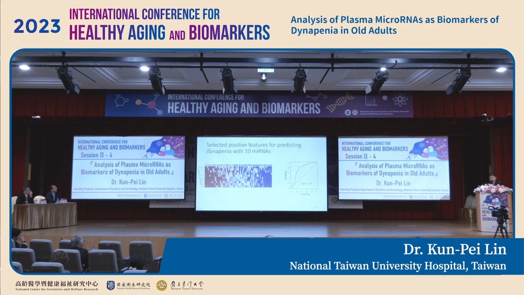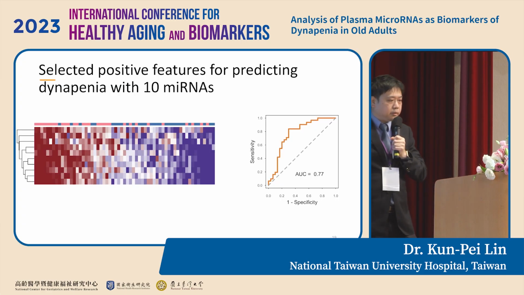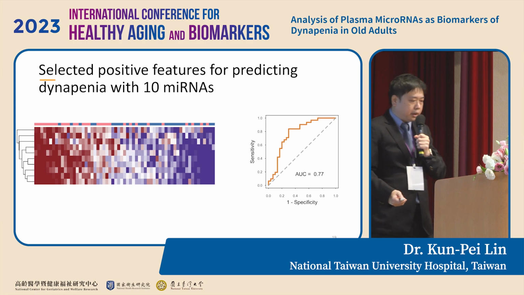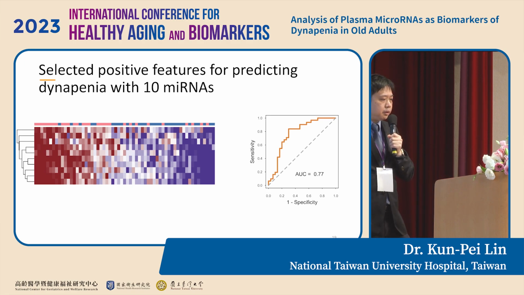We employed 10 microRNAs in predicting Dynapenia. It's focusing on selecting the positive features. The heat map on the left illustrates their distributions.